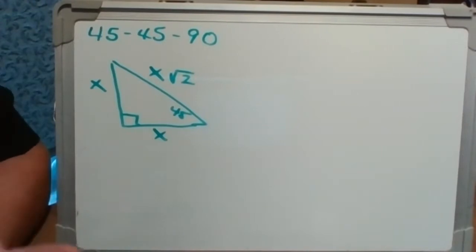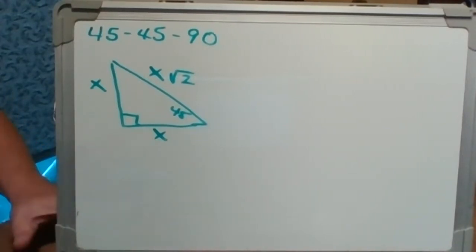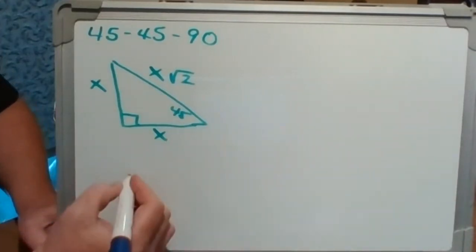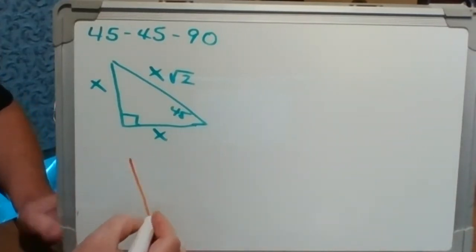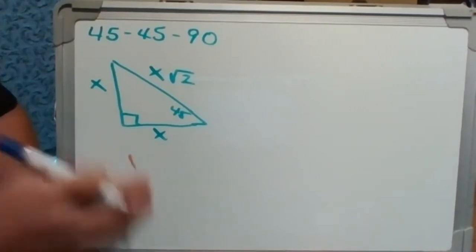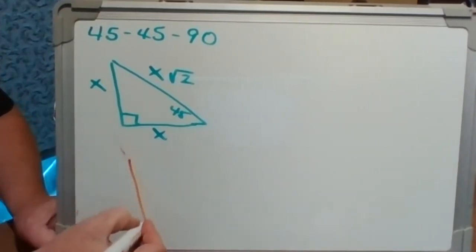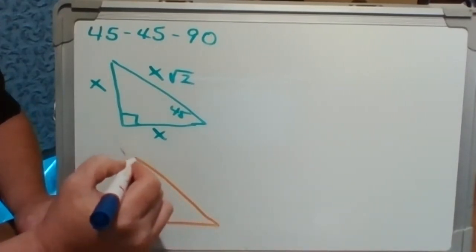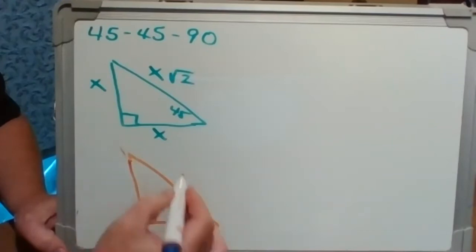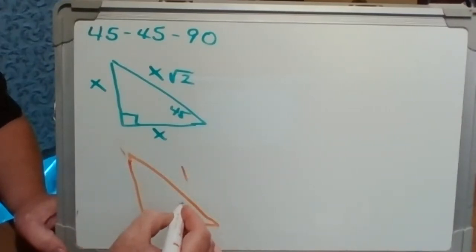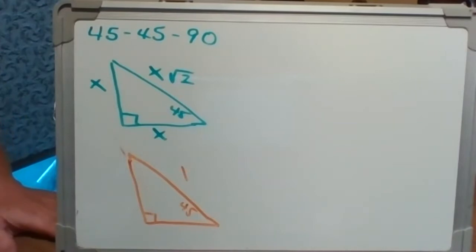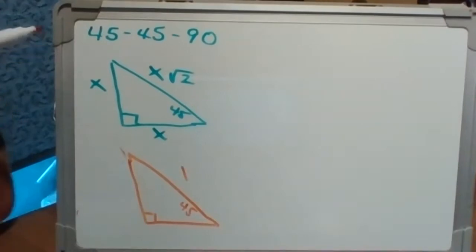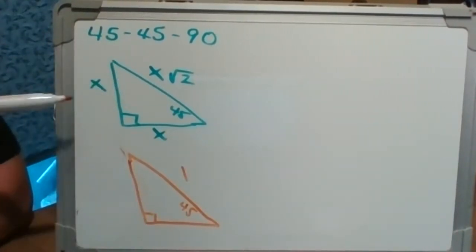Well, we want to make this specific for the unit circle. So we're going to make the hypotenuse of this 45, 45, 90 triangle 1. Now it's easier to go from the short side to the hypotenuse, right? We take this and we multiply it by the square root of 2.